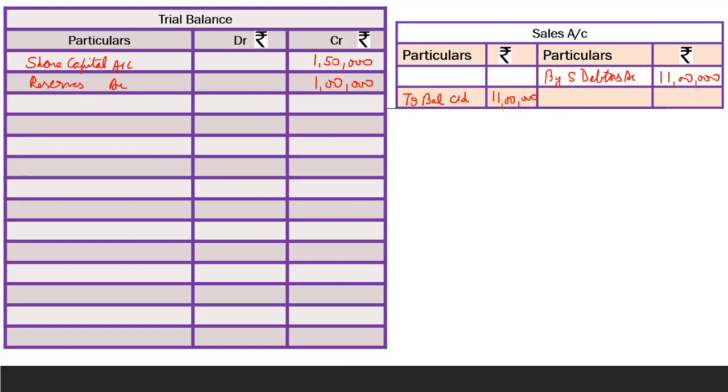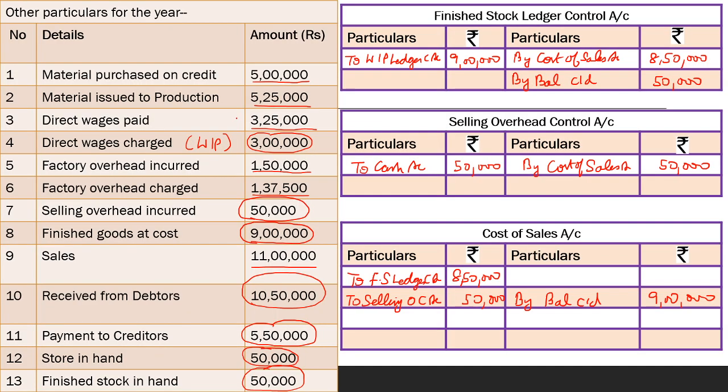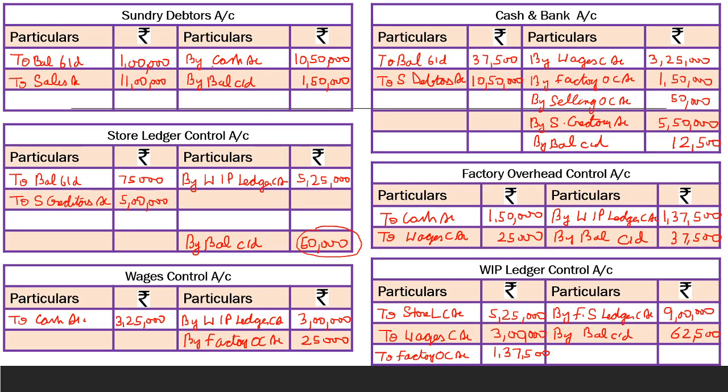Our next account is sundry creditors account. 2 lakh rupees is our credit balance here, and plant and machinery has a debit balance of 287,500.